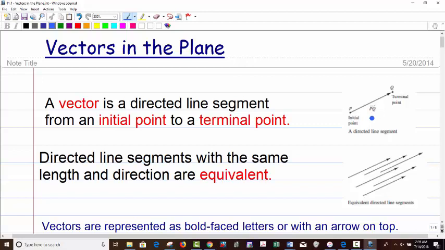Some books use boldface for vectors, but when you're writing it out, it's hard to indicate boldface. But if you can see there, an arrow at the top of that PQ indicates that it's a vector. So if you took that same line segment and reversed the arrow from Q to P, that would be vector QP, and technically it's a different vector.